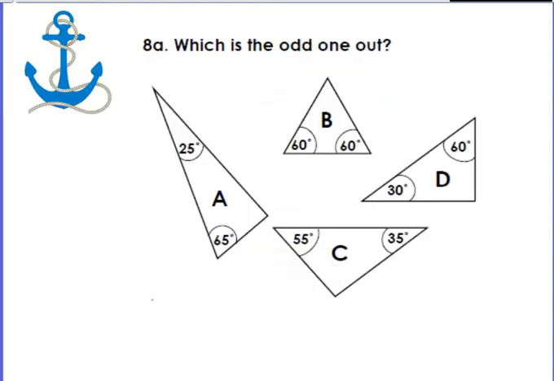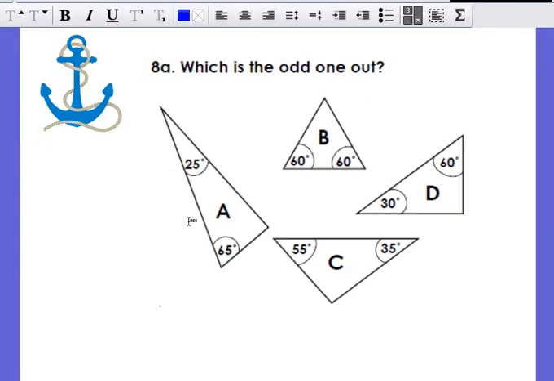So our first anchor question is, which is the odd one out? Have a look at it, see what you can see with the similarities, differences. What do you notice? So the odd one out, well, I would go through each one. Just out of interest, I might add them up, so 25, 65, so 70, 90 degrees.